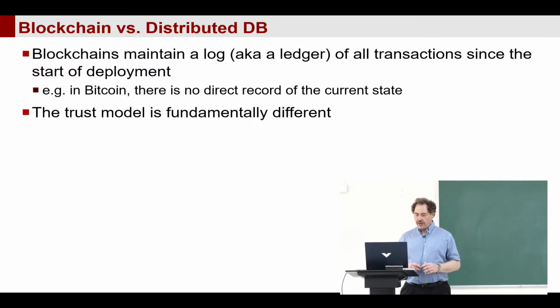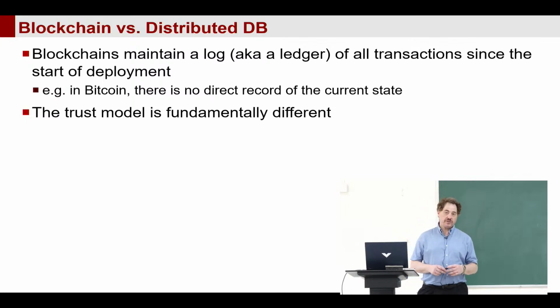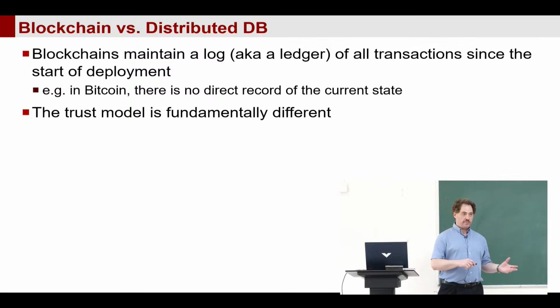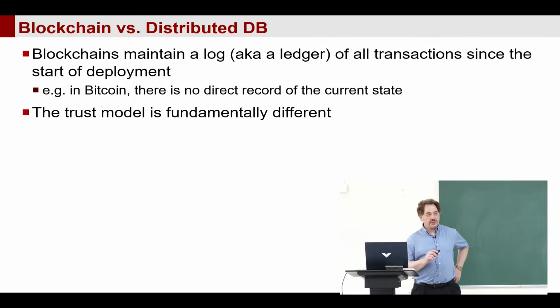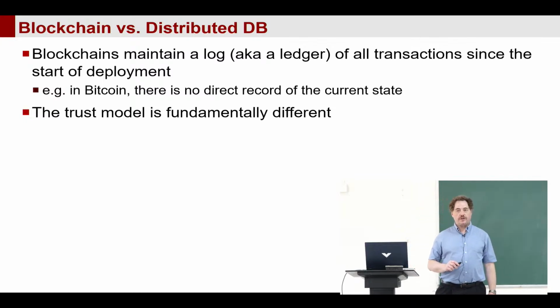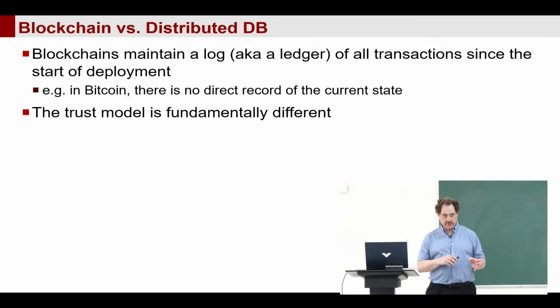So blockchain is frequently compared with distributed databases. And sometimes there is confusion because people are just saying, okay, we could use a distributed database or we could use blockchain. Blockchain is a replacement. Actually, that's not precise. There are some use cases where distributed databases are more suitable and other use cases where blockchain is more suitable.